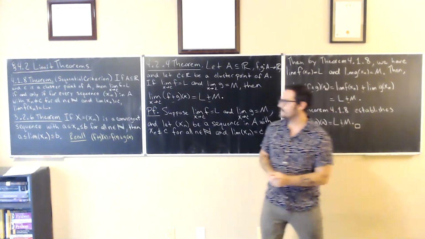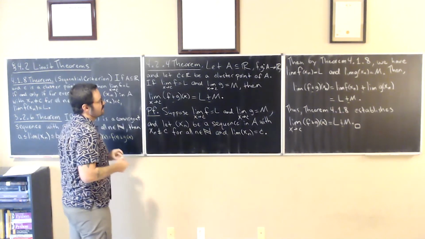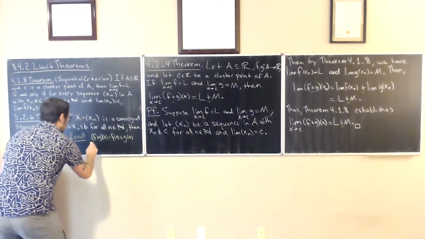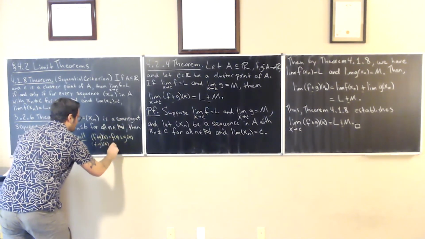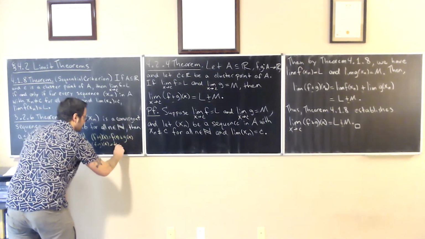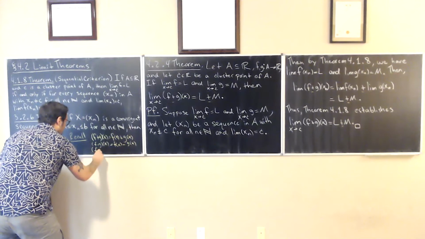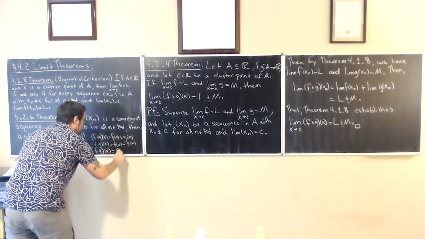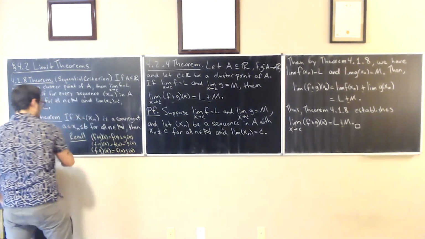Okay. And also, the same argument shows that f times g, right? So f minus g of x is equal to f of x minus g of x, and then f times g of x is equal to f of x times g of x, right?